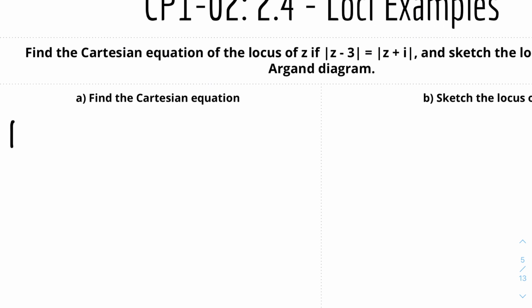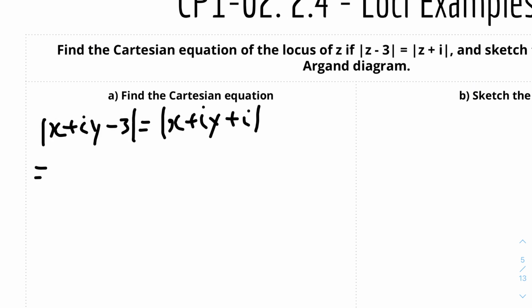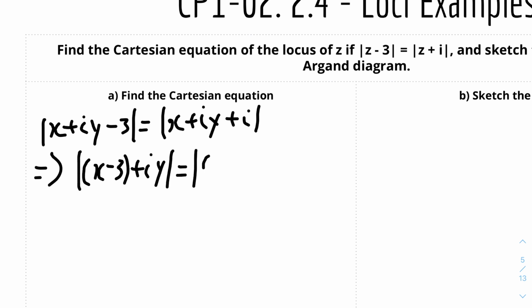So it will be x plus iy minus 3 equals x plus iy plus i. Collect like terms to get (x minus 3) plus iy equals x plus (y plus 1)i.